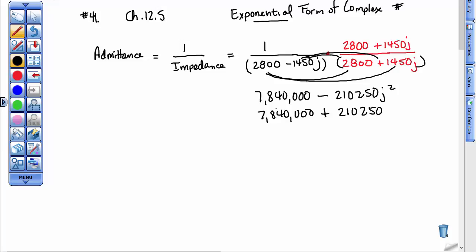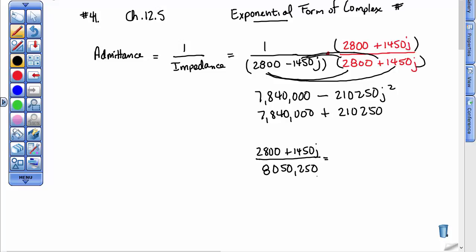So 7840, I get a total of 8,050,250. And then in the numerator, I have 2800 plus 1450j, because this 1 times this binomial just gives you that.